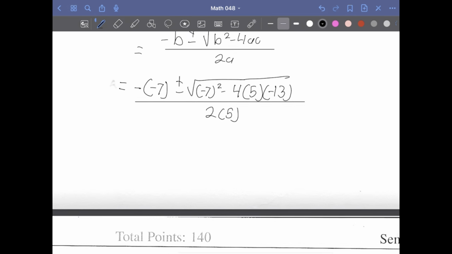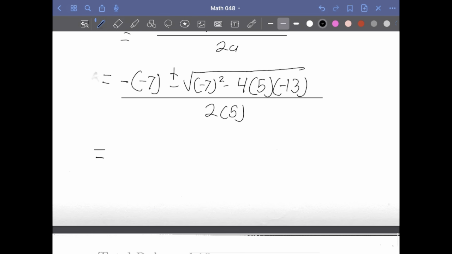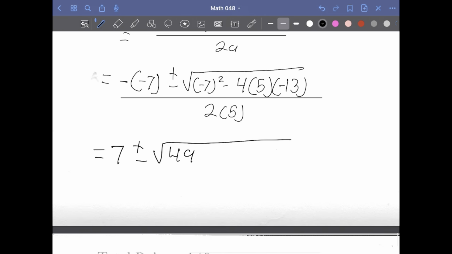So now I'm left with negative times negative is a positive, so it'll be positive 7 plus or minus the square root of 7 squared, which is 49, minus 4 times 5, that's negative 4 times 5, which is negative 20, times negative 13, that's positive 260, and then divided by 10, because 2 times 5 is 10.